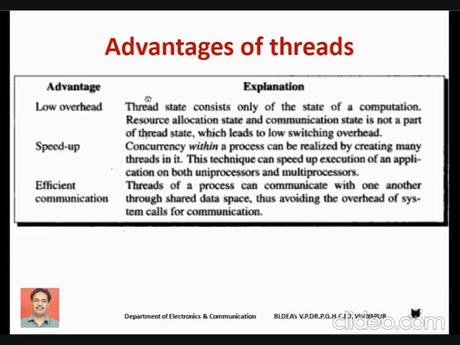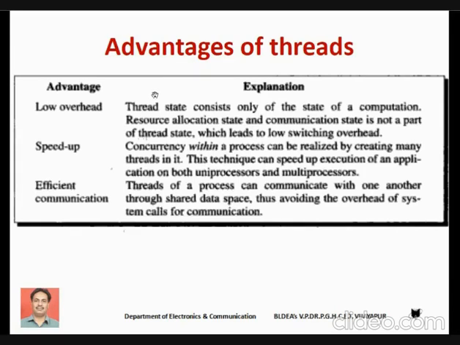This thread control block includes only the state of computation. The resource allocation information and the communication related information are not part of the thread state. So it leads to low switching overhead. It means that while your operating system is switching from one thread to another, very little information has to be stored and the next thread can be executed directly.